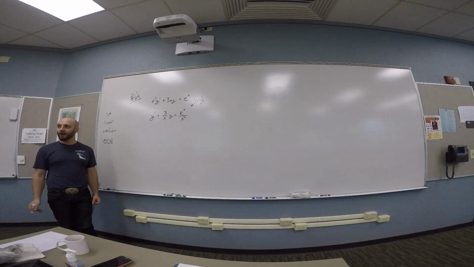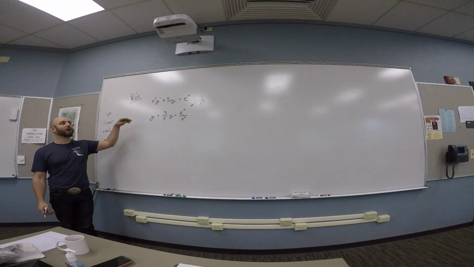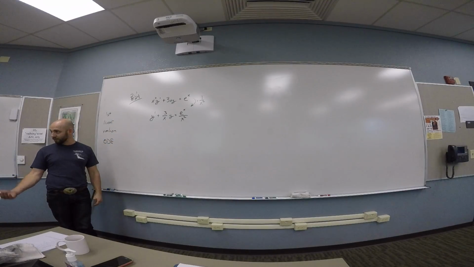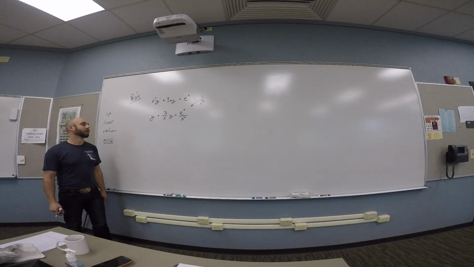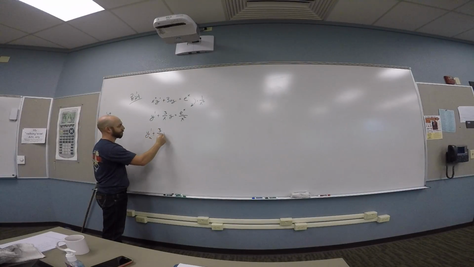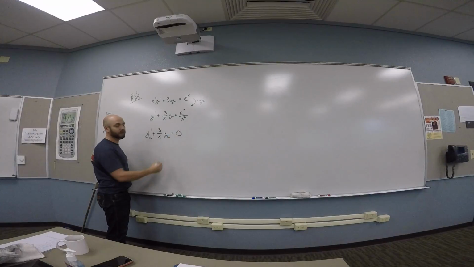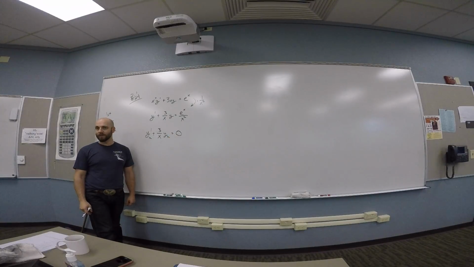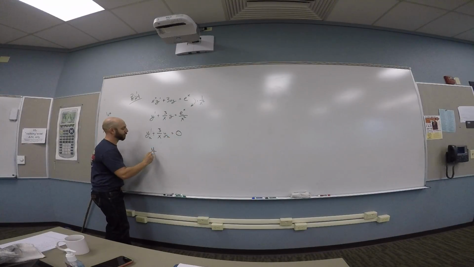Okay. So in either case, whether you divide first or not, the first thing you should try to do is solve the homogeneous version. So in my case, the homogeneous version looks like yh prime plus 3 over x yh is 0. And then I'm going to say, okay, I know the form of the homogeneous solution.